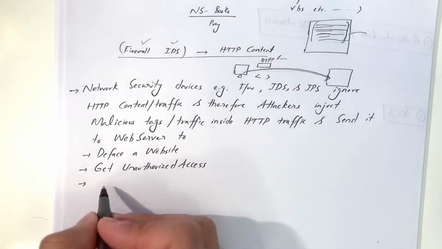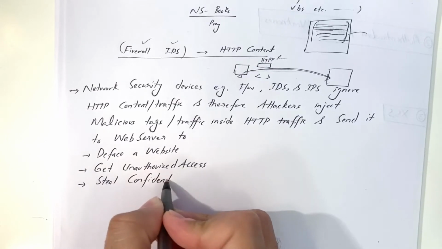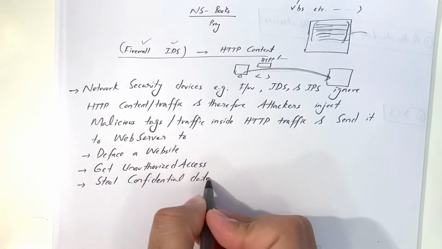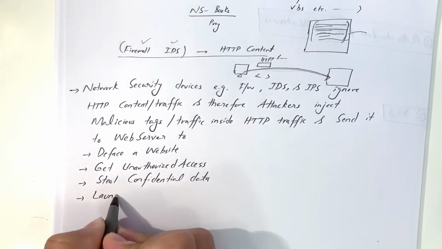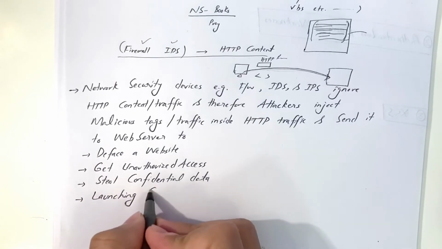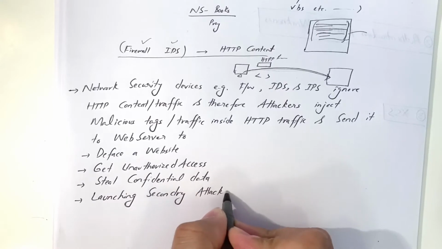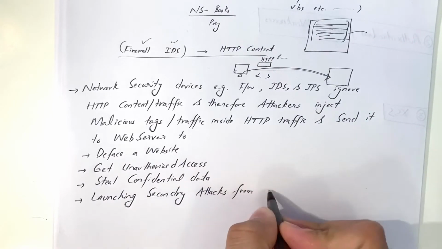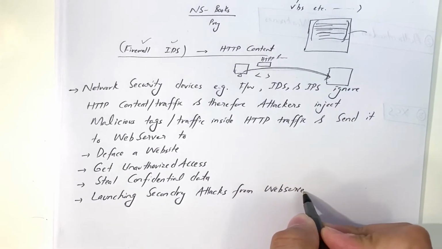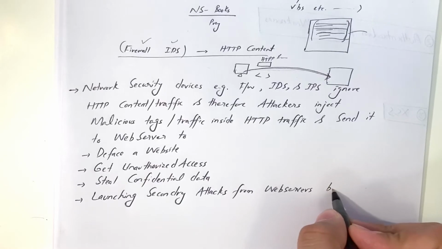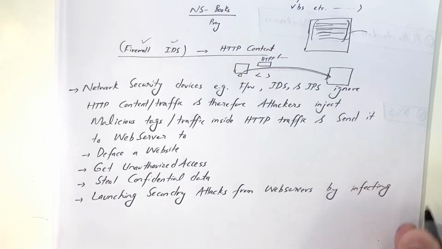For example, it could be to steal confidential data, or it could be launching secondary attacks from those vulnerable web servers by infecting site visitors.